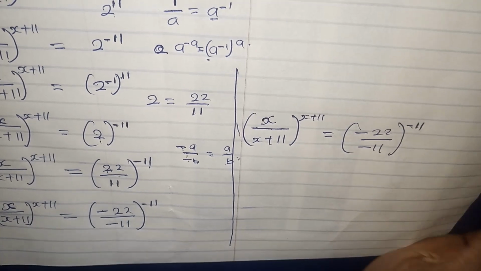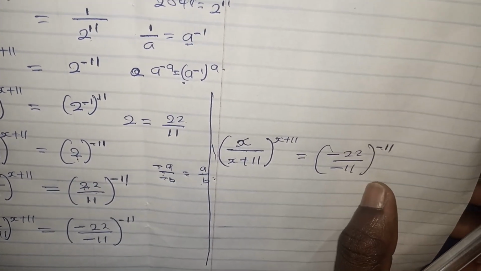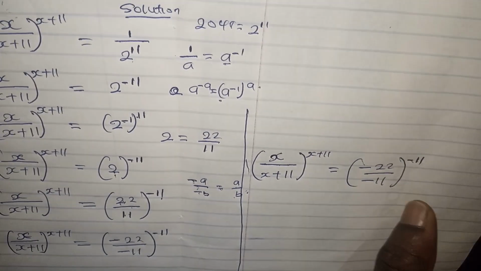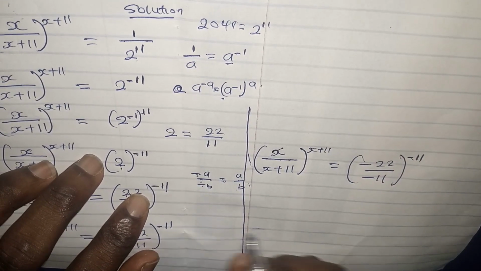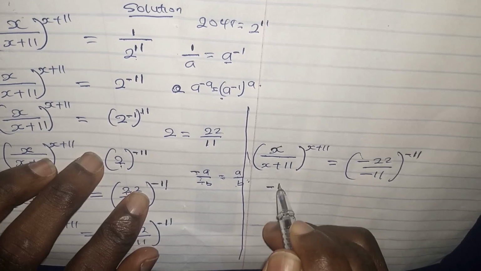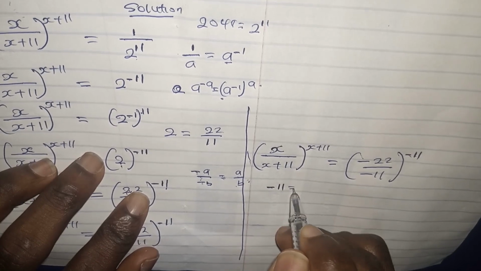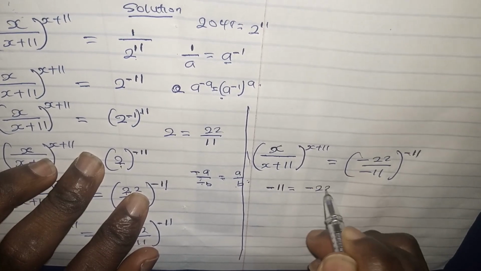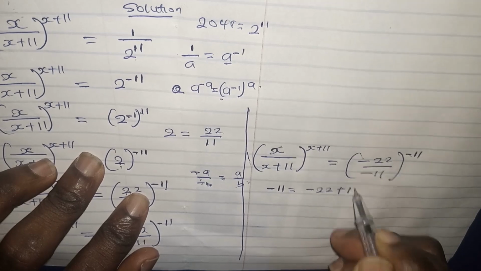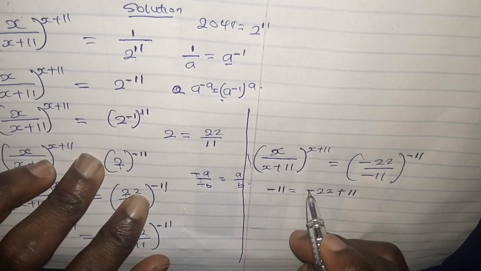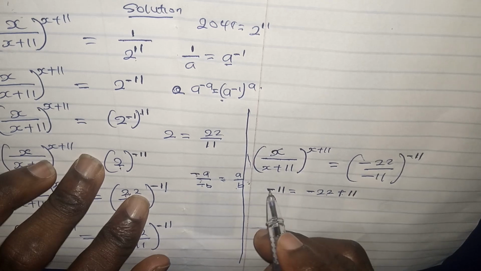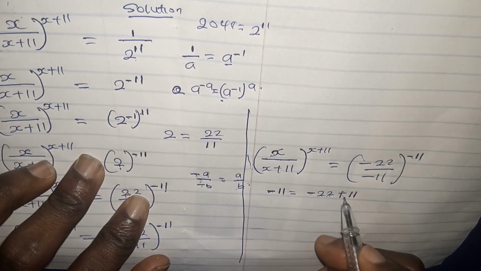Okay, having done this, this is what we are now having. Negative 11 is also equal to negative 22 plus 11. So wherever we see negative 11, we'll put negative 22 plus 11.